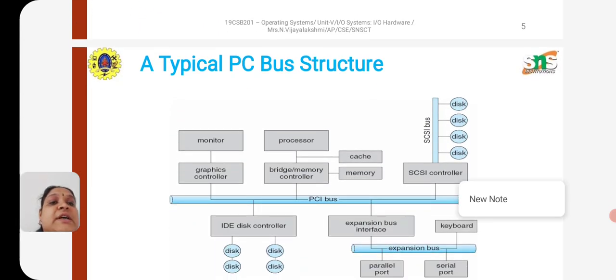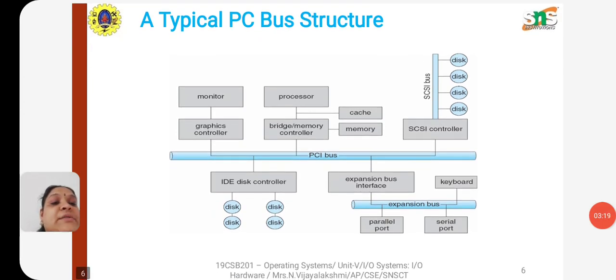So this is the typical PC bus structure. Let's see what is here. We have the PCI bus, and above the bus we have the monitor with a graphics controller, and we have the processor, and the memory controller, and additionally the cache memory, and the SCSI controller which has a separate disk, and below you have the IDE disk controller.